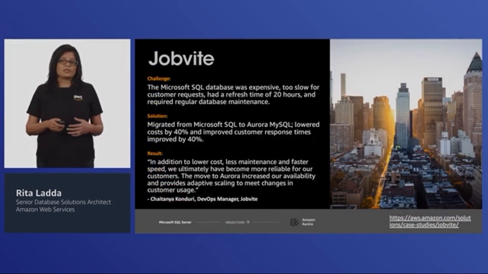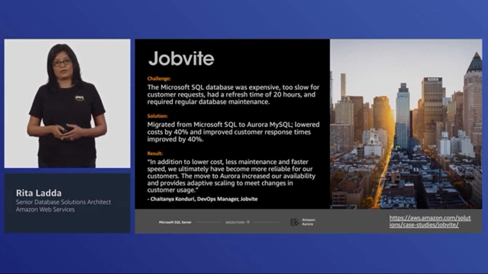Another AWS customer, JobWhite, which is a leading recruiting platform that helps thousands of companies source, hire, and onboard top talent. Their Microsoft SQL database was too slow for customer requests, with high cost and 20 hours refresh time.